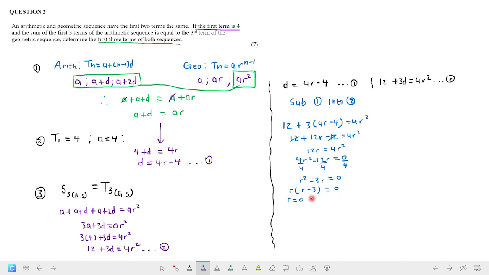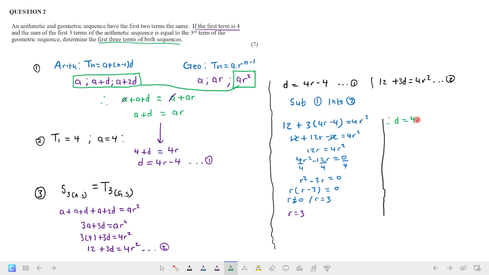Now here I got R, and we know that R is a constant ratio. Here, a constant ratio cannot be equal to 0, so R cannot be 0, and therefore R is 3. With that in mind, I now need to use that to calculate D. If you remember, D was 4R minus 4, right?